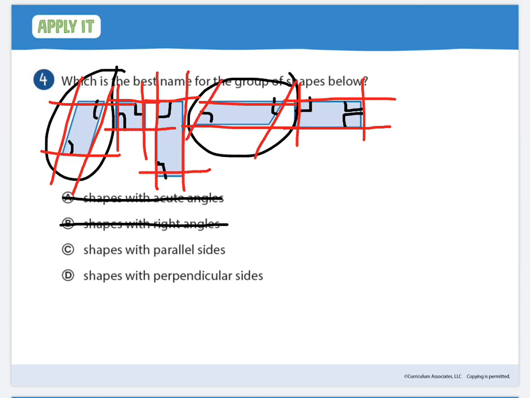So this would be a great classification for these shapes because they all have parallel sides. We know that the perpendicular sides is untrue because this shape here and this shape here do not create perfectly perpendicular sides. Remember, perpendicular sides are 2 sides that create a right angle.